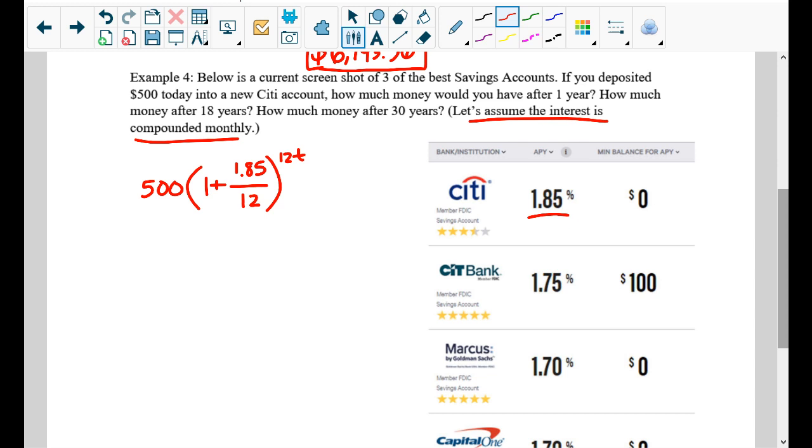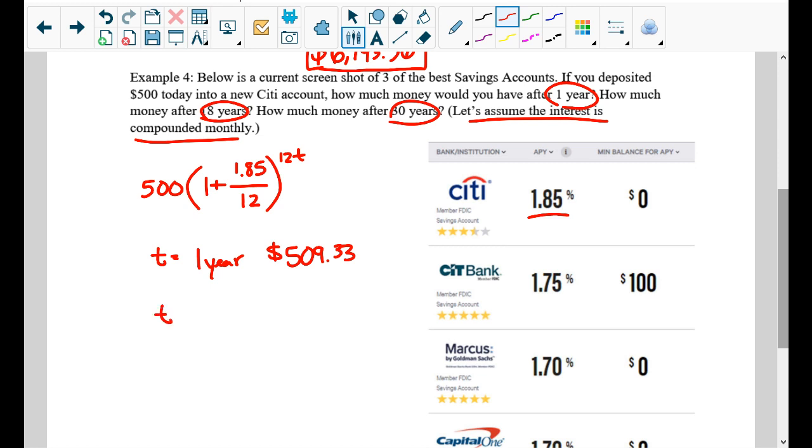So our time, we have 3 different times. We have 1 year, so we're going to plug in a 1 in there. Then 18 years, so we're going to plug in 18, and then a 30. So for 1 year, t equals 1, we plug that in, we get 509.33. We made $9 in a year.